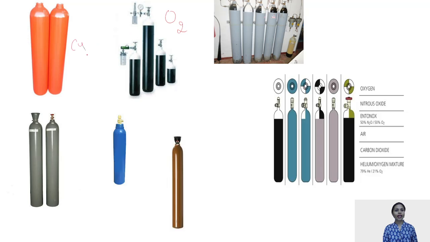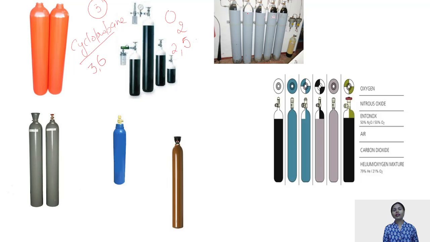This is cyclopropane. Do you all remember the pin index of cyclopropane? It is starting with 3, 6 because propane is 3 molecules. Coming to oxygen, pin index 2 molecules, so 2, 5.